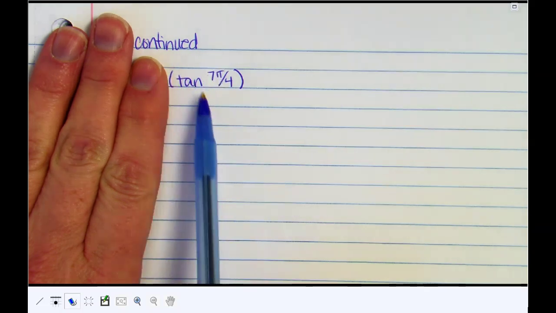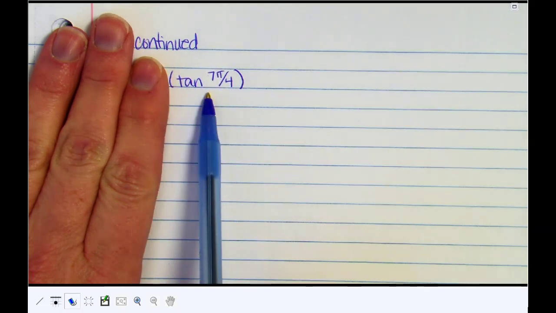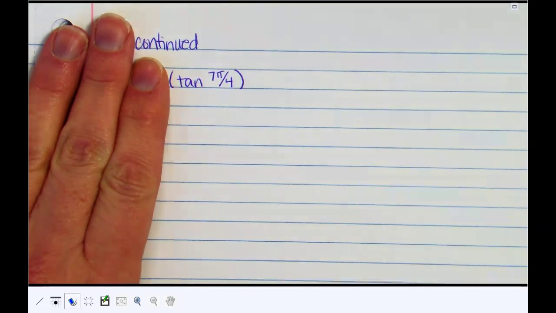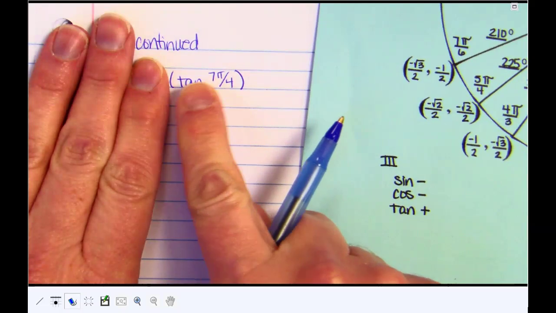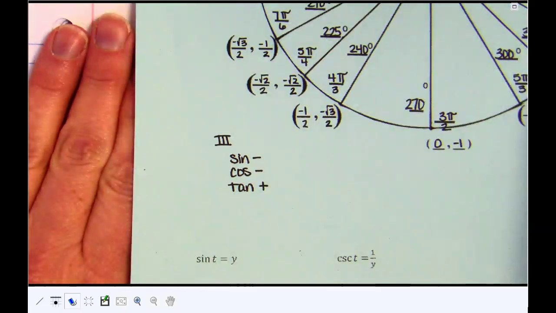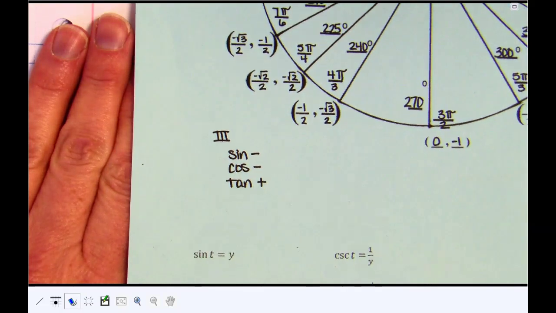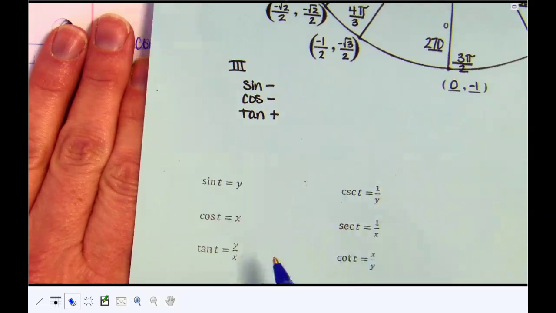So that's going to be a number. Let me review with you. When you just have the angle, you already know where to go. It's not tangent inverse. Look at tangent down here at the bottom. Tangent is y over x. Ellen asked for this review.